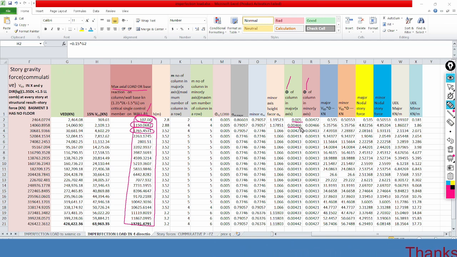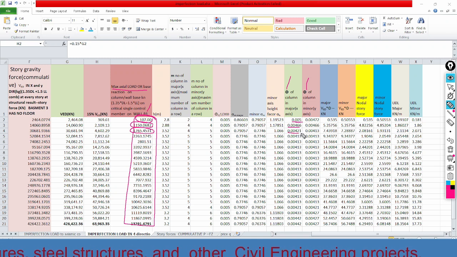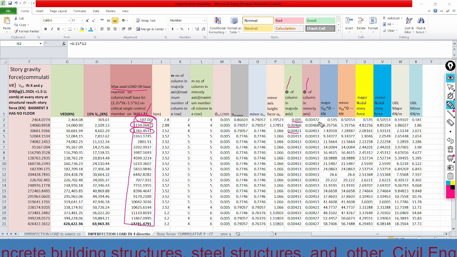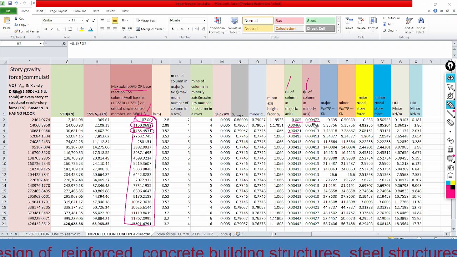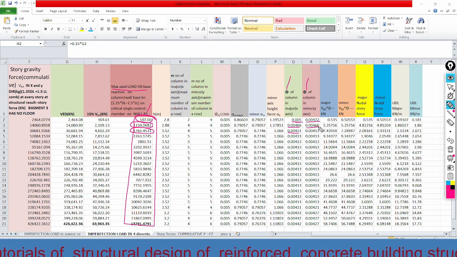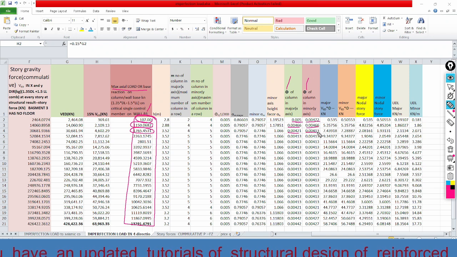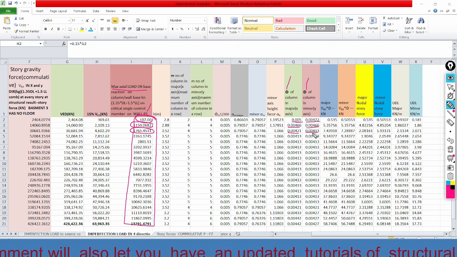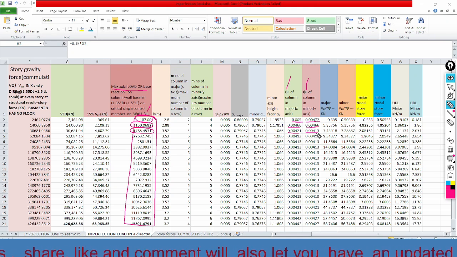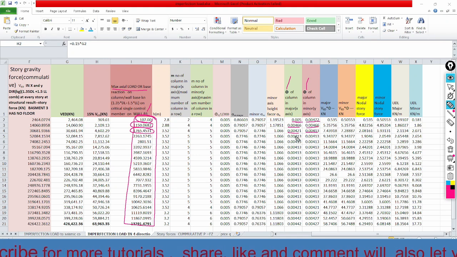And for the 16th story, the phi value will be 0.0466, and for this one 0.0042. In the y direction, the phi value will be this one, here the 16th story is this one, and for the 15th story it is this one.